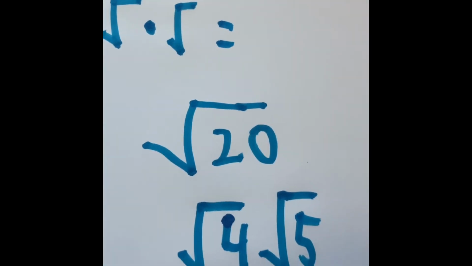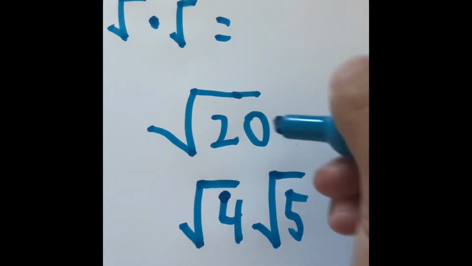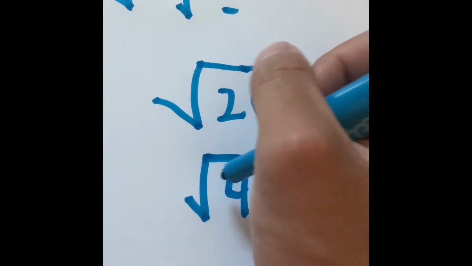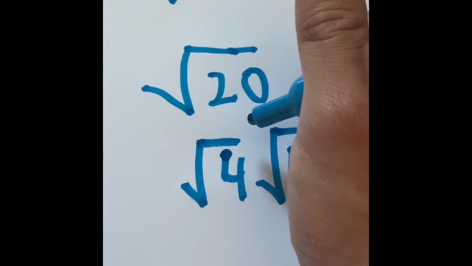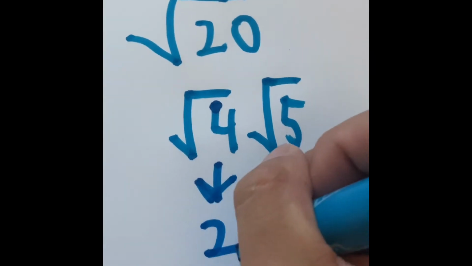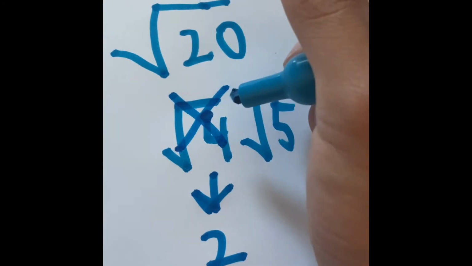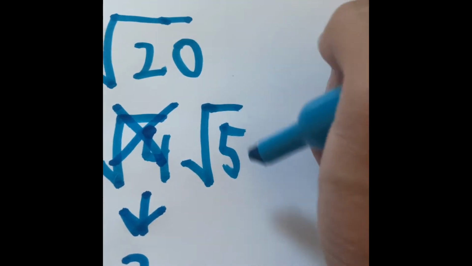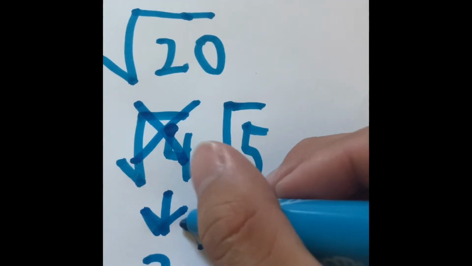So, basically, 4 times 5 is 20, but since 4 is a perfect square that you can pull something out of, you can turn it into a 2. Cross that out. The thing is, 5 cannot be simplified, and since we haven't used it yet, we pull it over here.